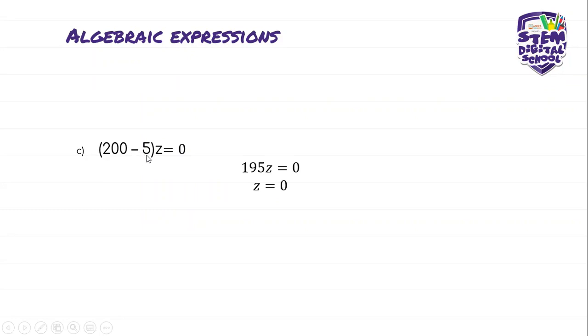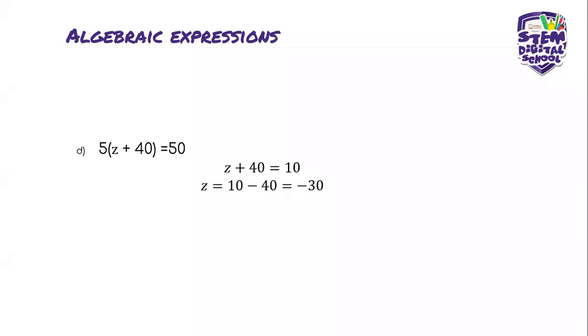Therefore, the left-hand side will be equal to the right-hand side. And then in D as well, we also found that the value of Z will be a -30. The reason being, if you substitute it here, -30 plus 40 gives you 10. And then 10 times 5 is 50. Therefore, 50 in the left-hand side will be equal to 50 in the right-hand side.